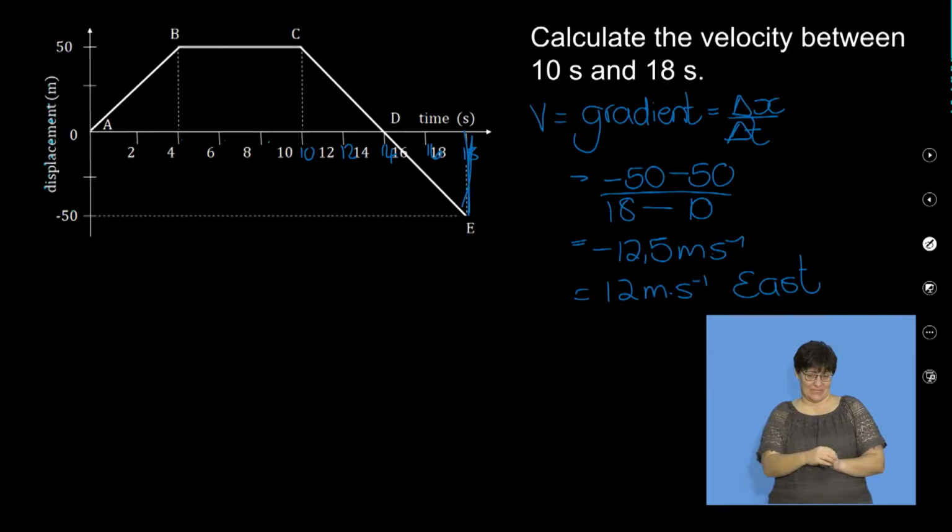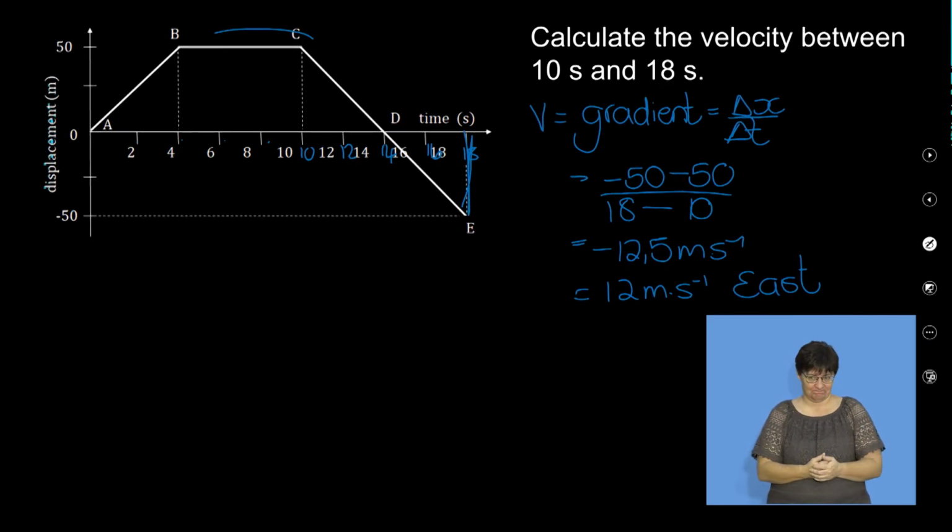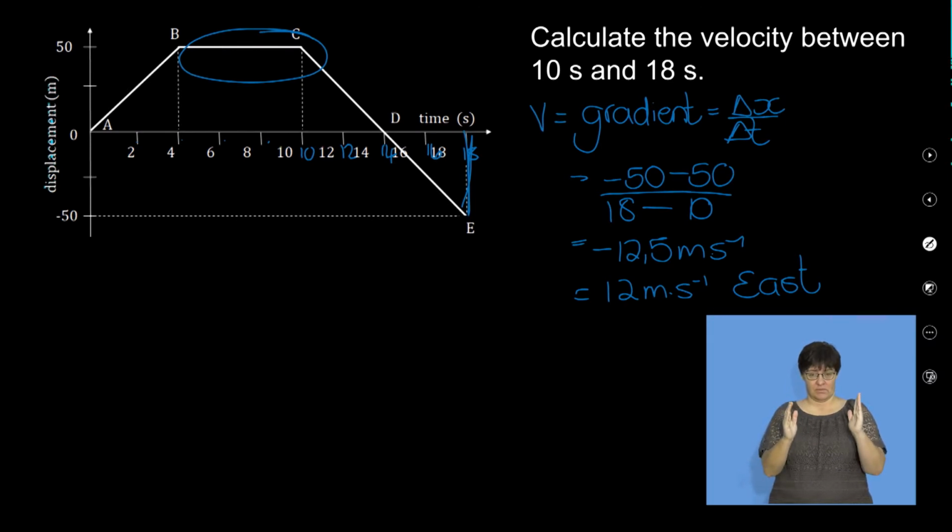I would ask you, what is his velocity at 18 seconds? The same thing applies as what we just did in the last question, which I know feels a little strange now because in the real world this wouldn't happen. Over here, between 4 and 10, he's stationary.